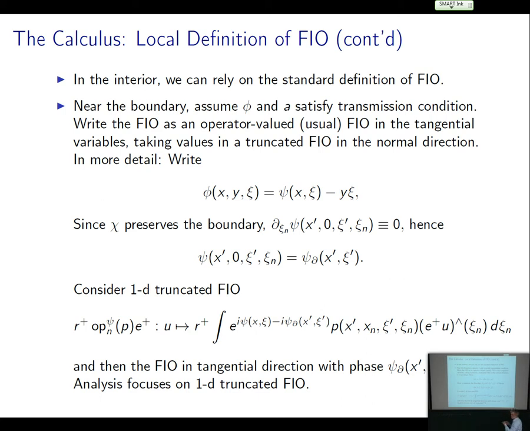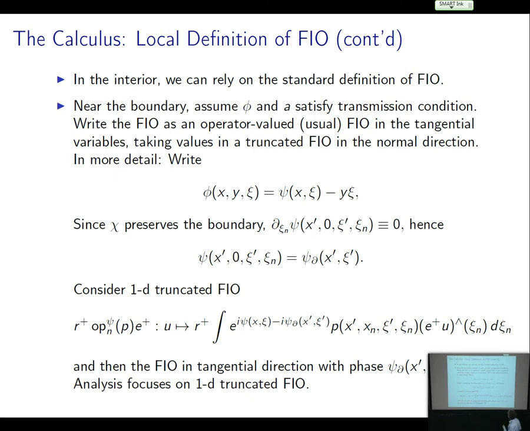So this is the good point, because this shows you can separate the two directions in the Fourier integral operator. You have the tangential direction with the x prime and xi prime, and then you have the phase phi at the boundary, and you have the normal direction where you have the difference of the two phases, this one here. And you have a sort of truncated one-dimensional Fourier integral operator, so you have e plus, this extension by 0, the Fourier integral operator, restriction, and it takes a function u and does basically the usual pseudo-differential thing.